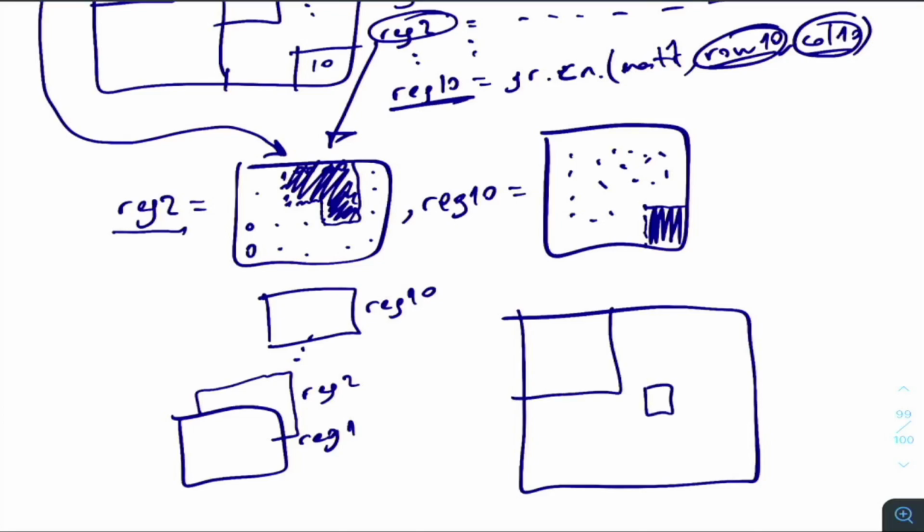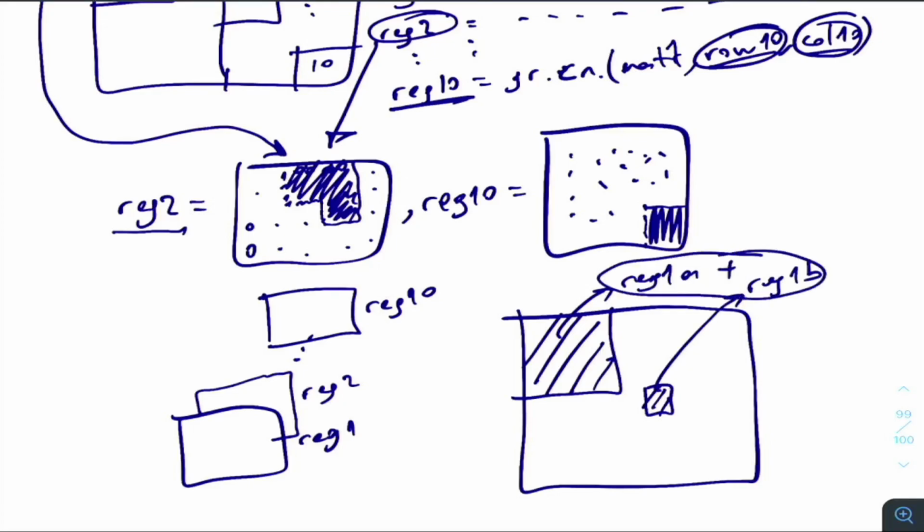Let's say you want to make this region and this region to be called region 1. You can just do that easily. For example, you name them region 1A and region 1B, and you can just sum that. Since they are not overlapping, and since they are just binary, there won't be a problem, and you can just name it region 1.